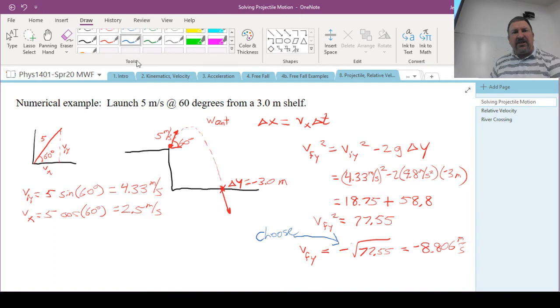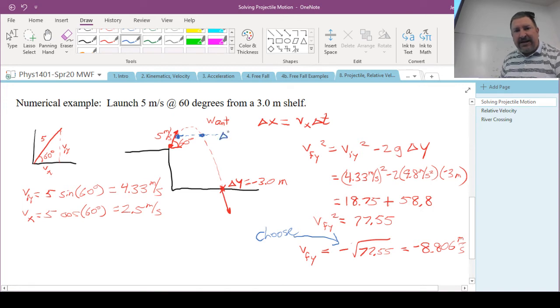So there's a couple of other interesting points in here. At this level here, there are actually two crossings. There's one here and one here. So this would be maybe delta y is equal to 0.5 meters.